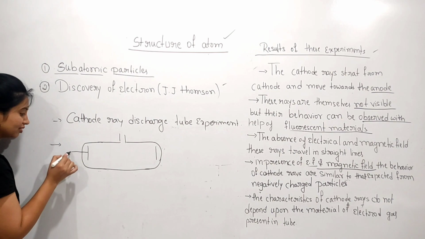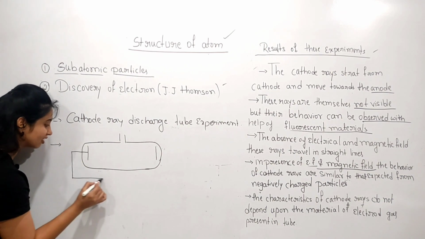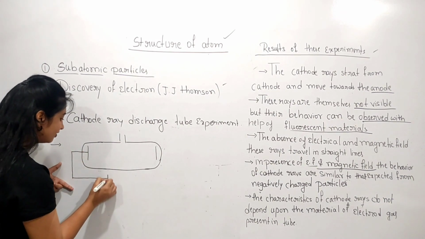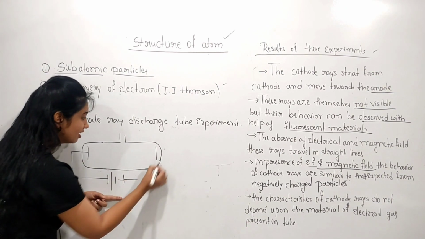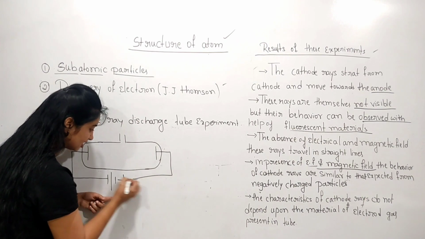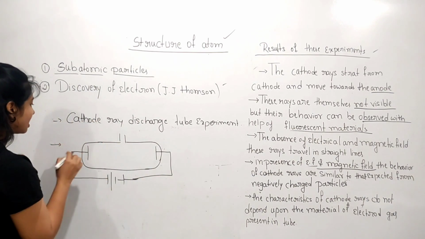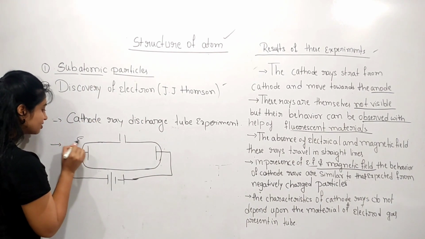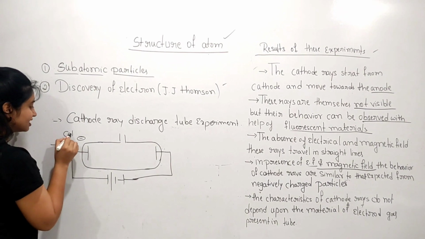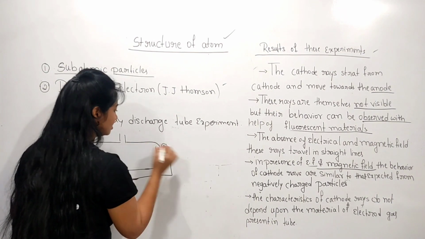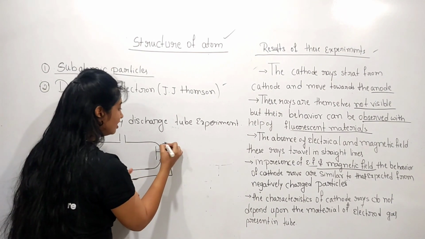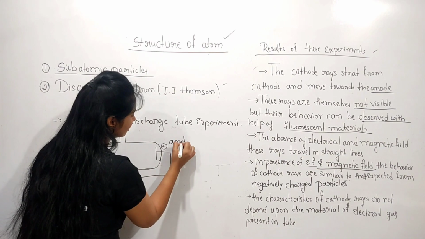One metal piece is connected with the negative terminal of the battery and one with the positive terminal of the battery. At the negative side we name it the cathode, and at the positive terminal we name it the anode.